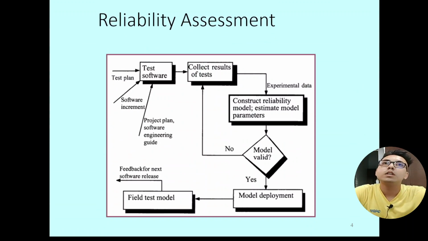So this is the reliability assessment. First we make a test plan, then test the software, then collect the results of the test, and you can see the arrow where there is a software increment.